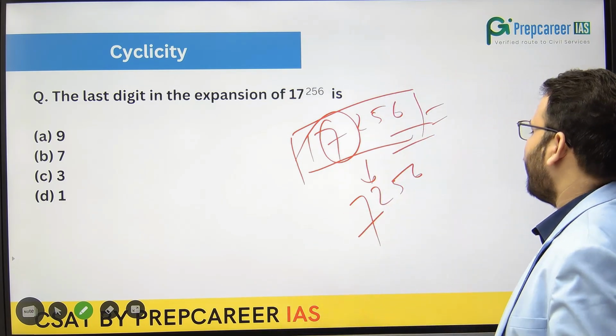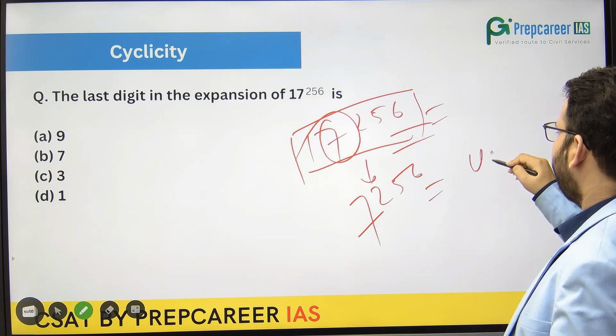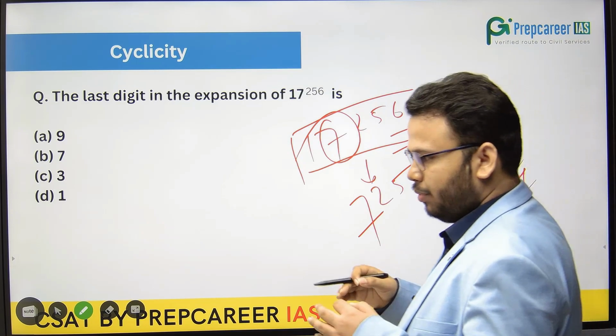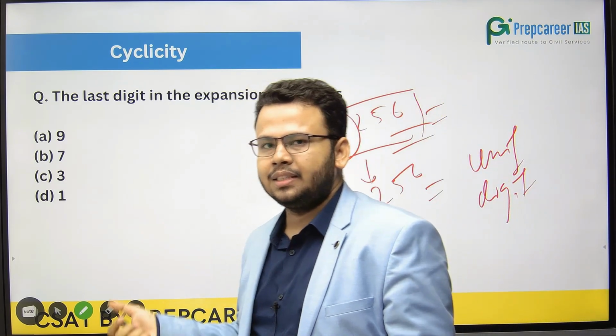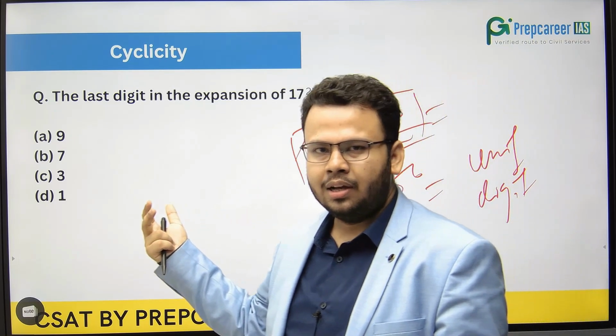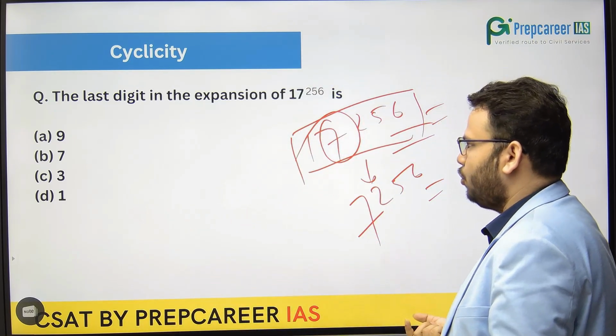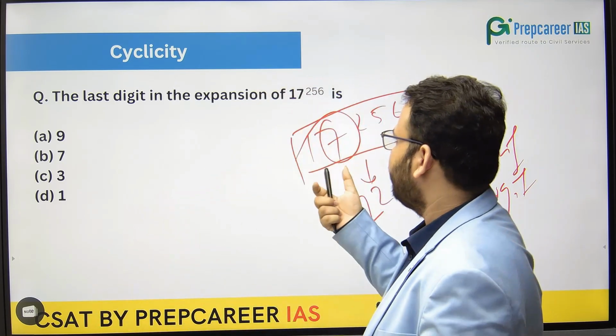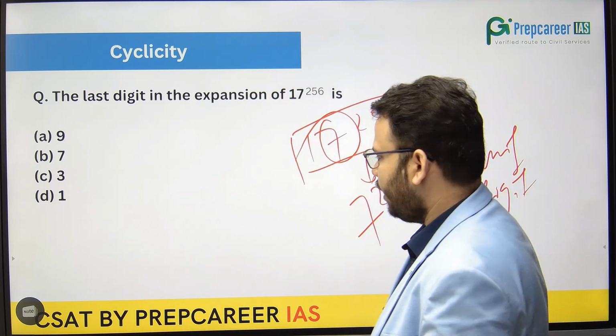Calculate the unit digit of both; the numbers will have the same unit digit. The very basic reason is that the 7 is going to be finally multiplied. The unit digit is 7, so 7 will decide the last digit, or unit digit, in the expansion of 17 to the power 256.